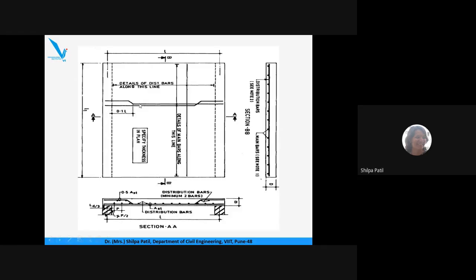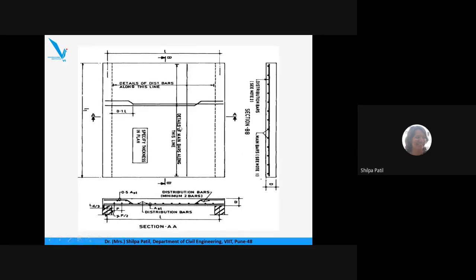Now the detailing means what? This is the plan of my slab, and in this plan they have shown the main reinforcement like this. We always bend the bars for main reinforcement. This is a distribution steel; we do not bend the bars for distribution steel. See how to represent all these detailing. This is as per SP34, and the same is expected in your sheet also for term work.